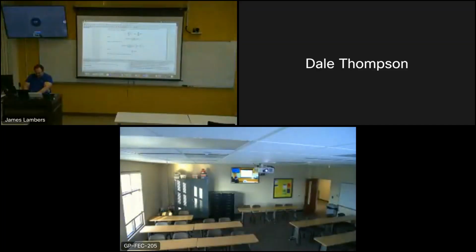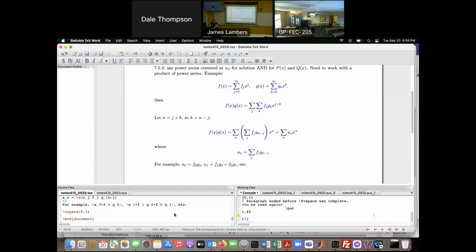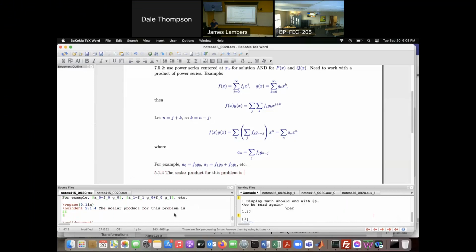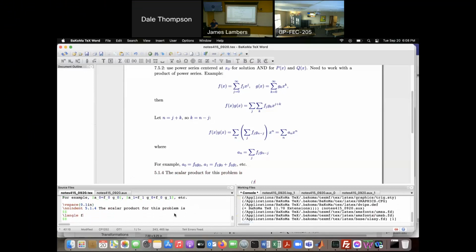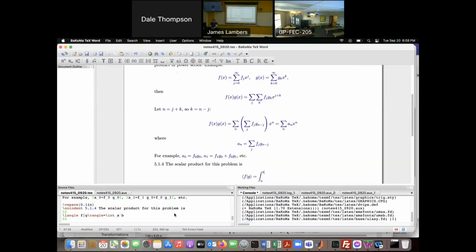So the scalar product that's being used for this problem is f, g equals the integral of f g w of x dx.